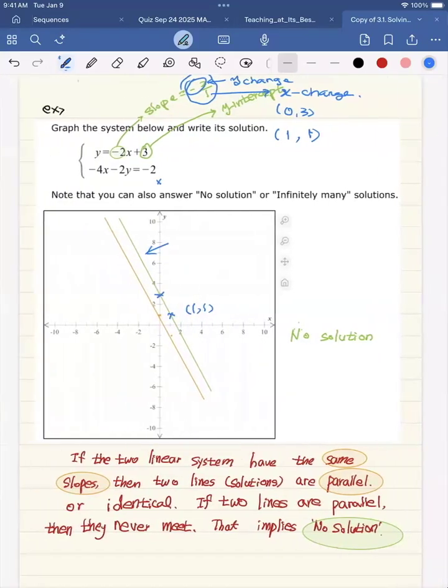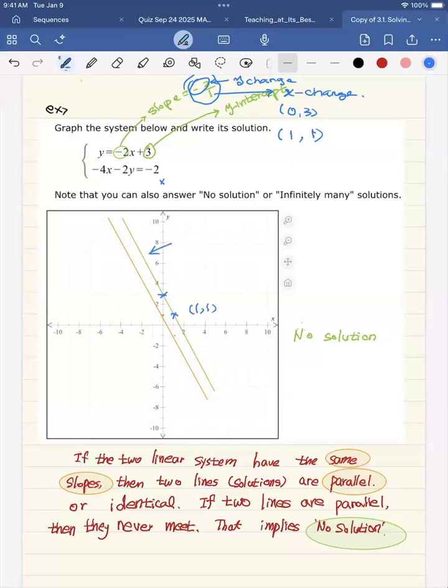For the second linear equation, we have negative 4x minus 2y equals minus 2. We don't like minus, and also we notice that each coefficient and constant term is an even number. So we want to simplify by multiplying by negative 1/2. Then it'll be 2x plus y equals 1.